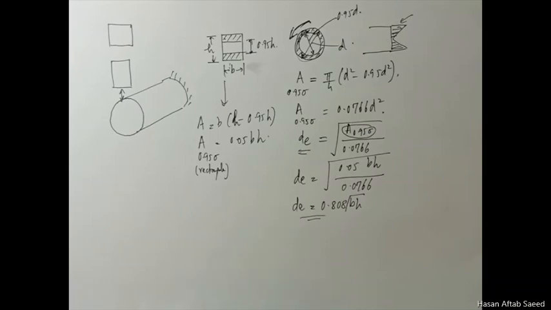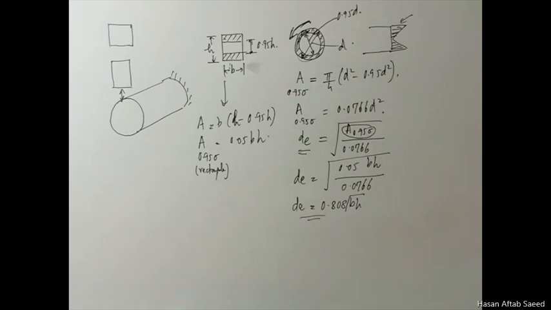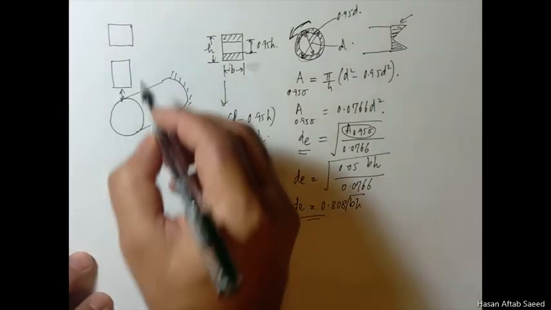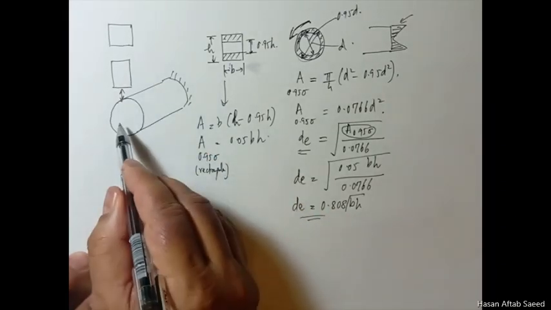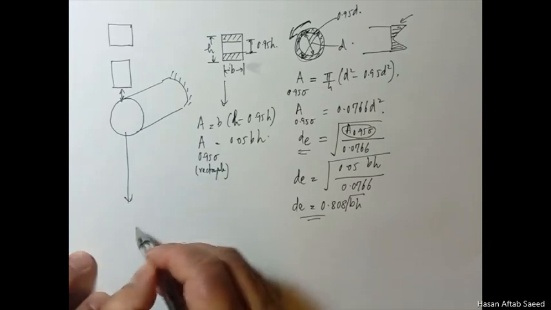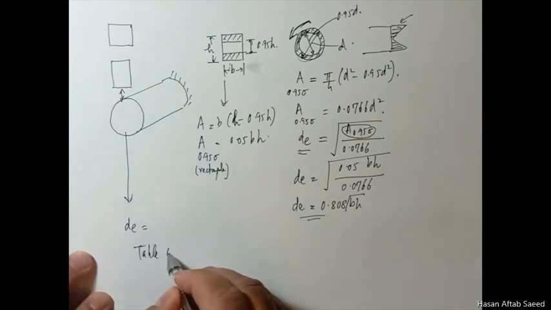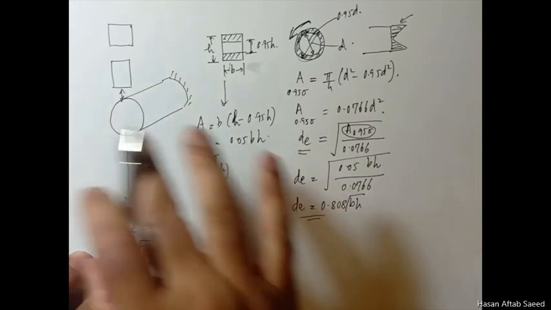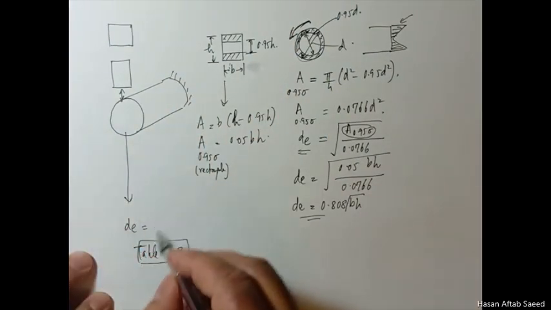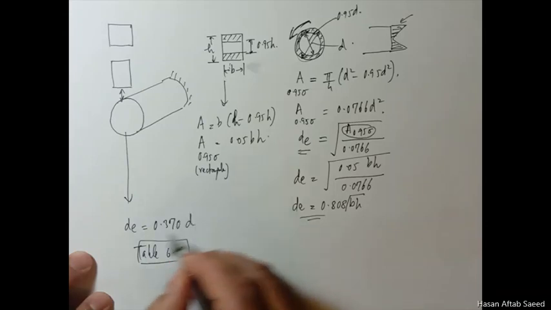In your book you have different values for these given, and one of the most important ones is this thing, circular section but non-rotating. The equivalent diameter for this one, as you can see from your table 6.3, along with other different shapes, but this is a very commonly occurring one, so I'll just write it down here, 0.370D.